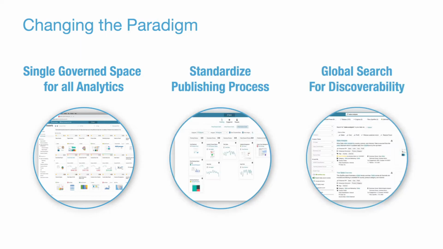So then it's about standardizing the publishing process, making sure that there's a consistent way in which assets of different types can be brought in and can go through the right workflow, the right tagging, and the right categorization and metadata enhancements so that it can be accessible.